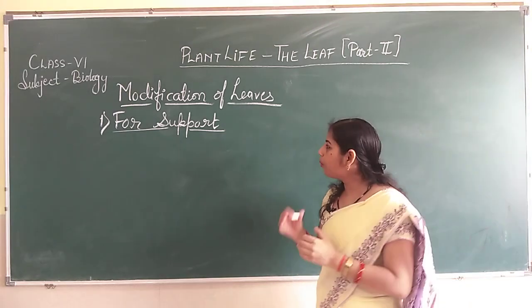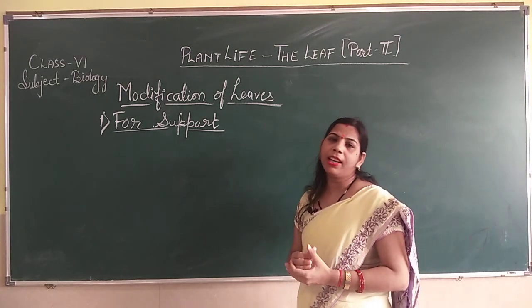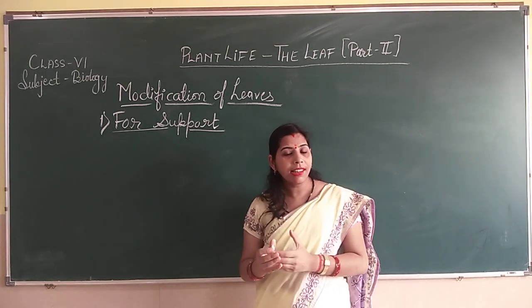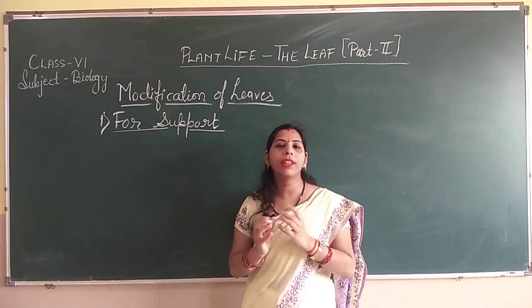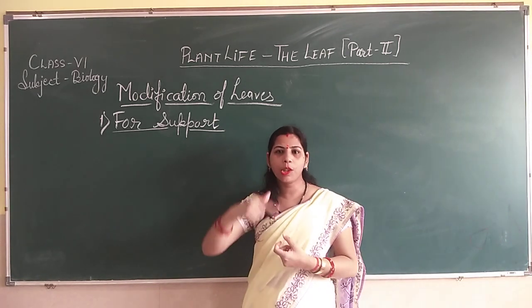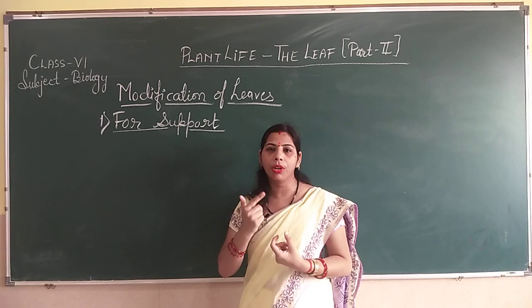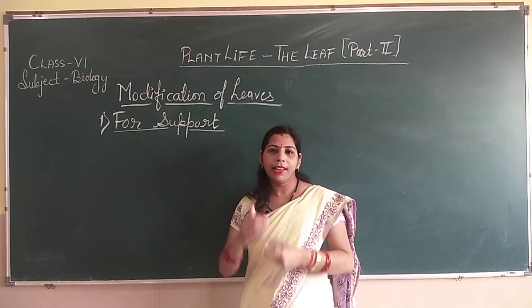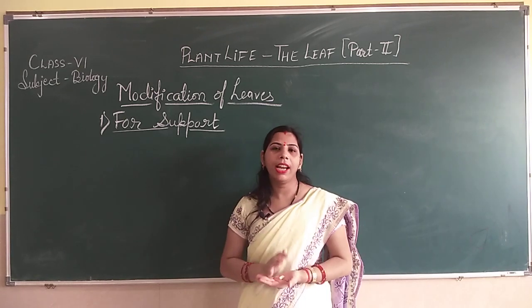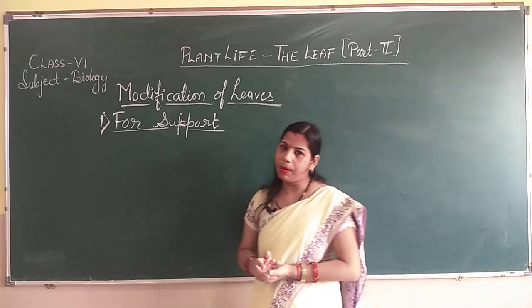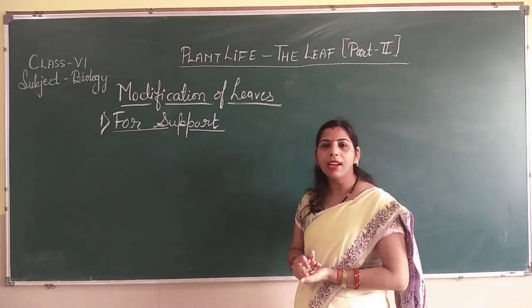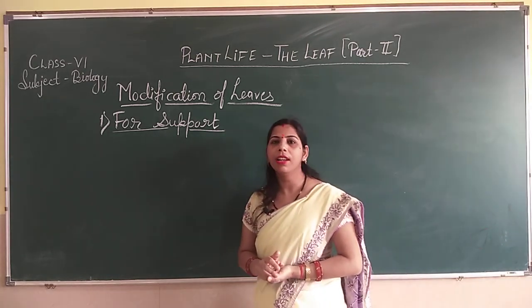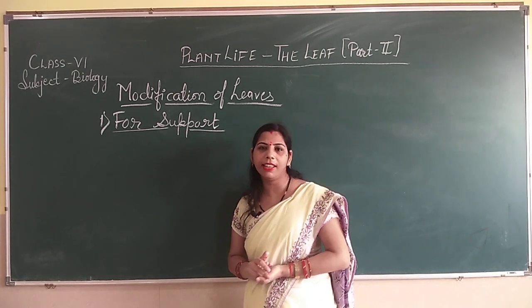The tendrils are coiled and soft structures. They coil around the support and they are sensitive to the support. They grow around the support and it provides support to the plant, and this is known as the leaf modification for support. You will easily see it in the pea plant.